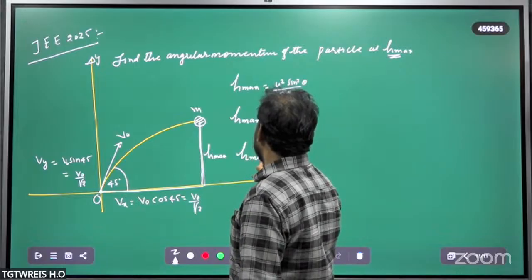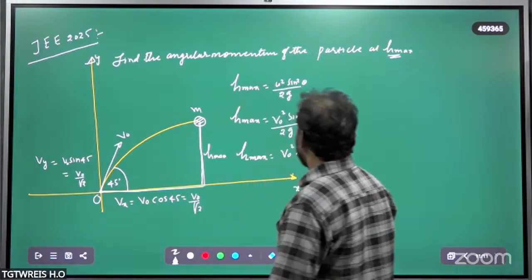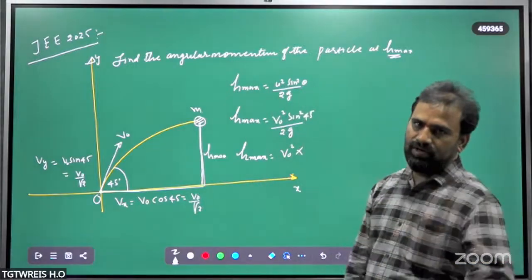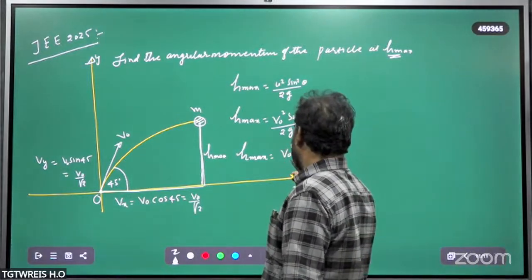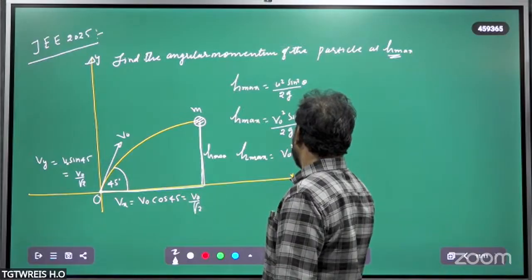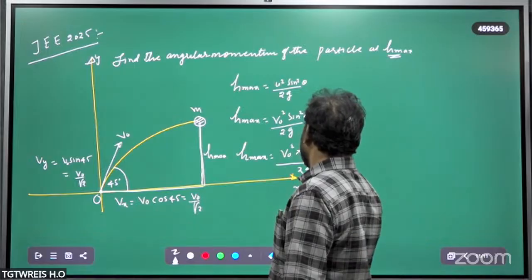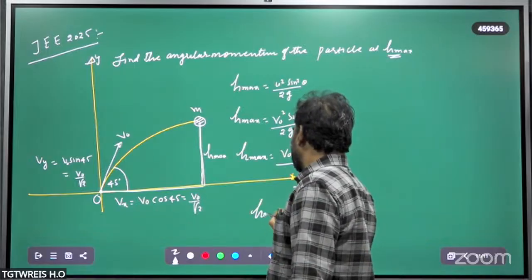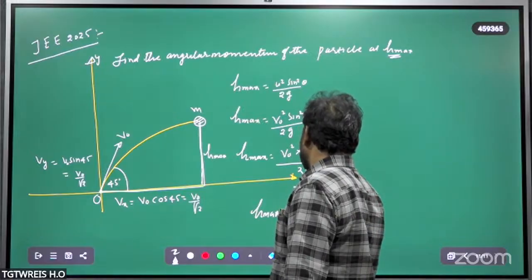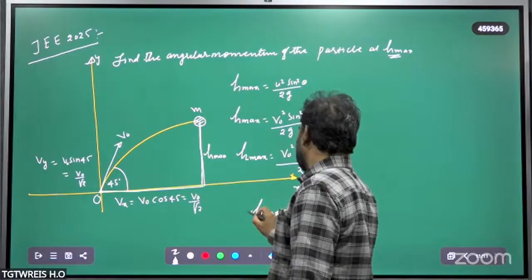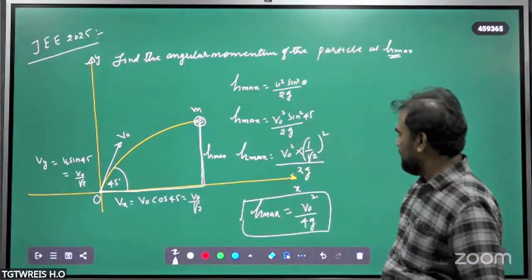Sin square 45 is 1 by 2, so h max is equal to v naught square upon 4g. This is the maximum height.